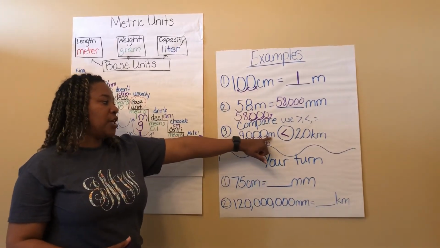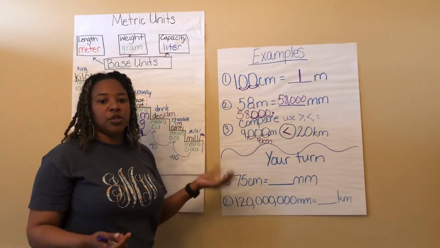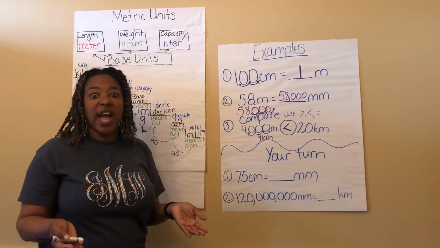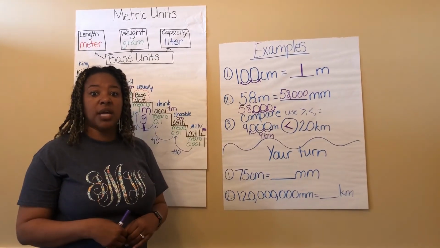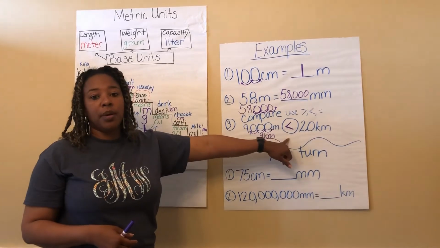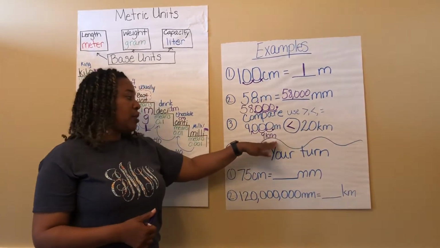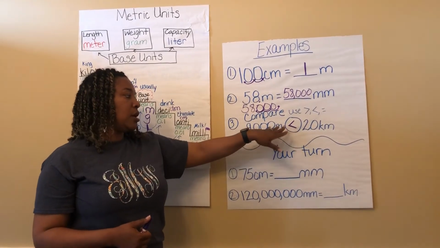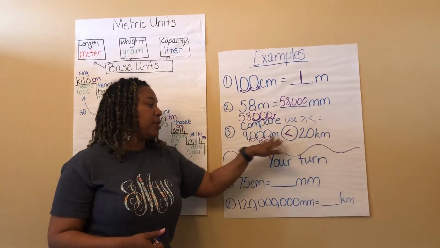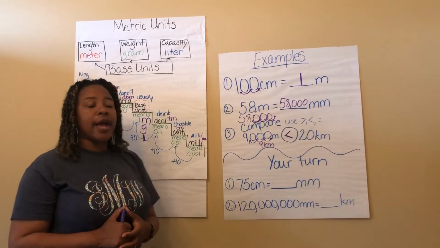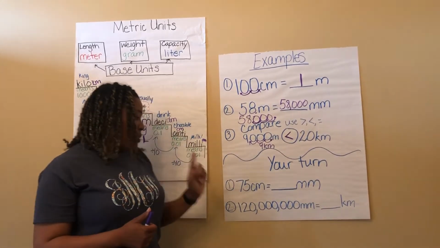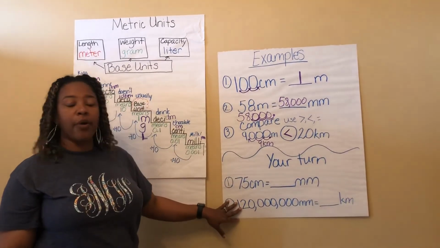So that is how you compare. You have to change your units of measurement to be the same. Just like when we do fractions and we have to have the same denominator to add or subtract. Same thing when you're comparing. You have to have the same unit to compare. So you can either change meters to kilometers, or you can change kilometers to meters. Your choice. All right, so I have 2 practice problems here for you to practice.